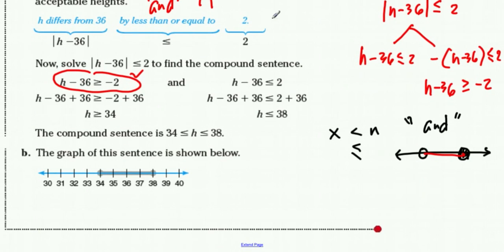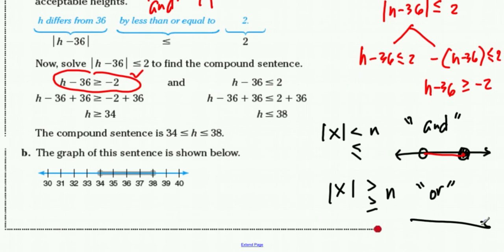And if you see an absolute value inequality greater than or equal to n, you'll think of the word or, and you'll have a graph with an open dot or a closed dot at each n, going away from each other.